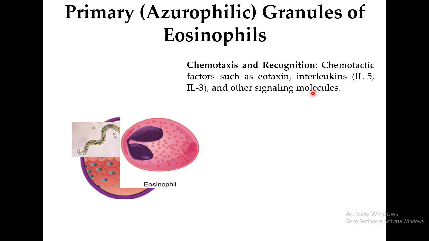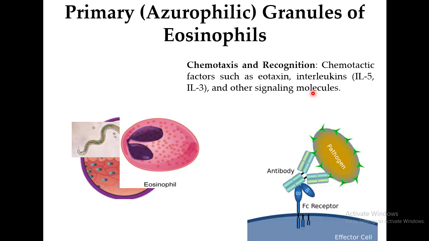Now, what are the eosinophils going to do when they reach the site of the infection? Consider this effector cell as your eosinophil. The eosinophils have specialized receptors on their surface, known as the Fc receptors, and these Fc receptors are very good at recognizing parasites. When the tissue is infected by the parasite, the antibodies get attached to this parasite.